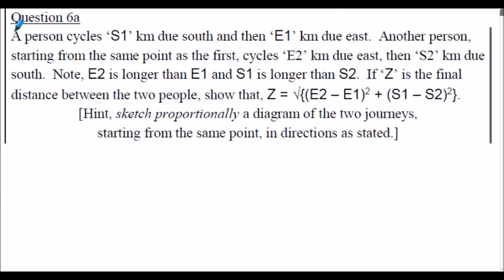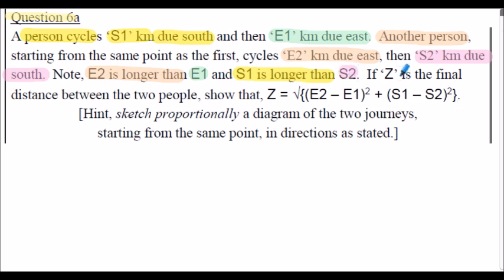Question 6a. A person cycles S1 kilometers due south and then E1 kilometers due east. Another person, starting from the same point as the first person, cycles E2 kilometers due east and S2 kilometers due south. Note that distance E2 is longer than distance E1 and distance S1 is longer than distance S2.